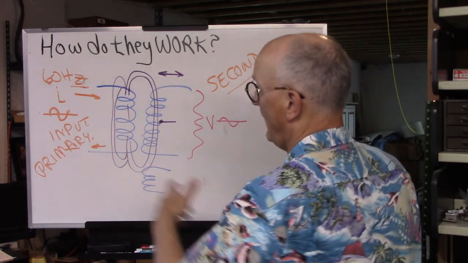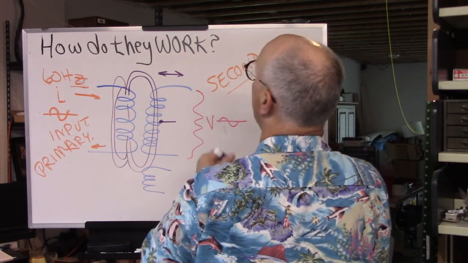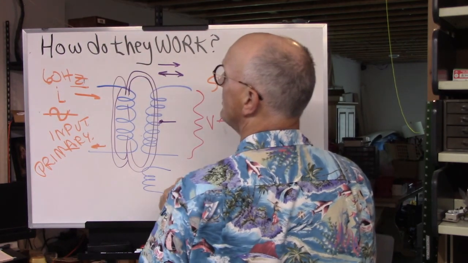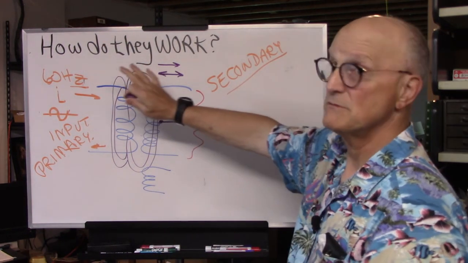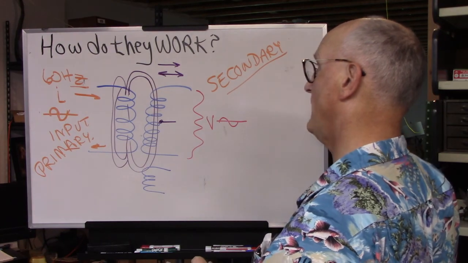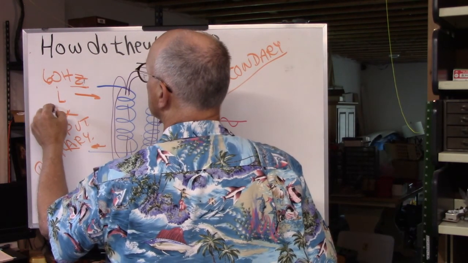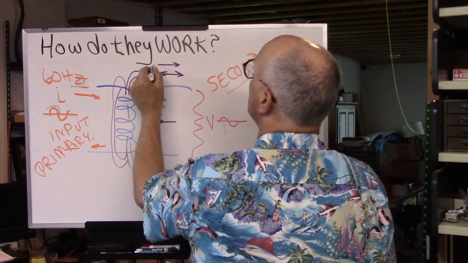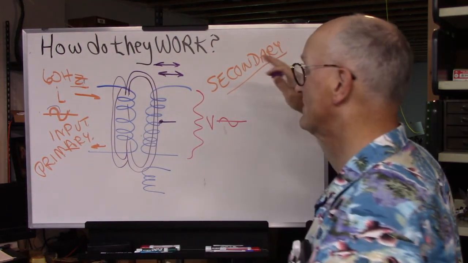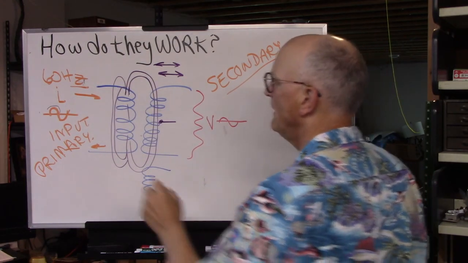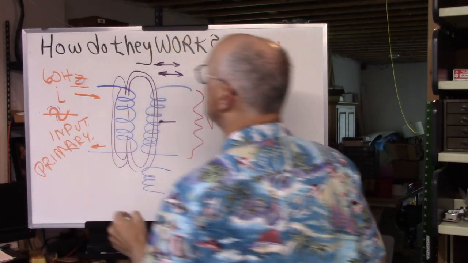As the current goes up, the magnetic field wants to get stronger because there's more current. More current, stronger magnetic field. As the current goes down, the magnetic field collapses and starts going in the other direction. But now the current changes direction.